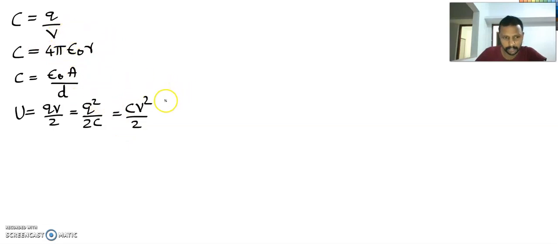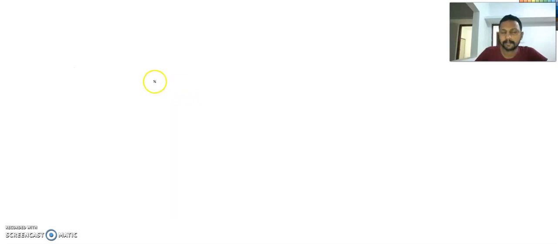our next derivation. The next derivation is about the energy density of a parallel plate capacitor. What is energy density?